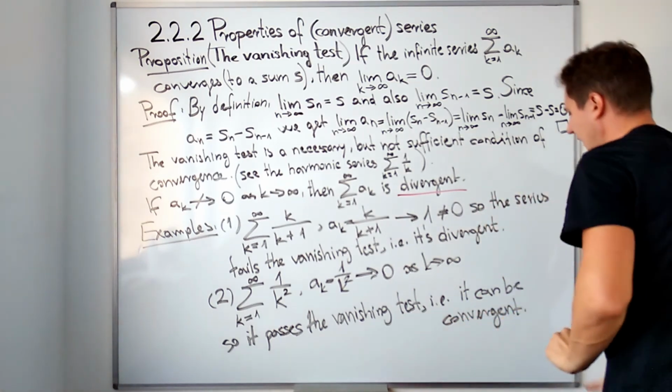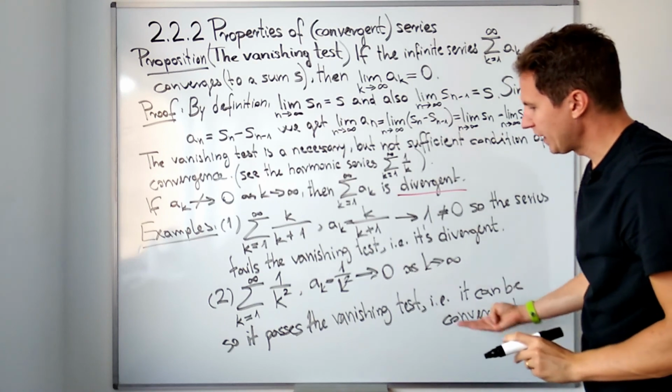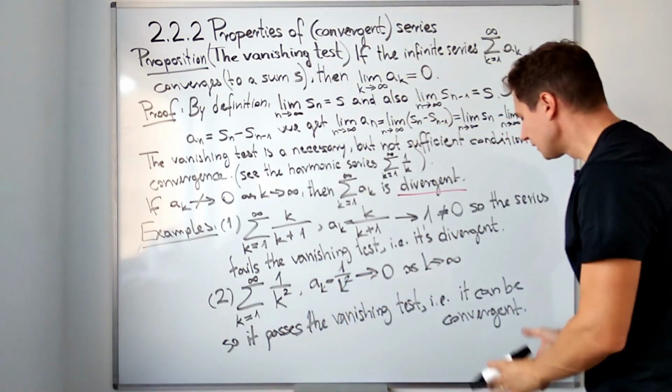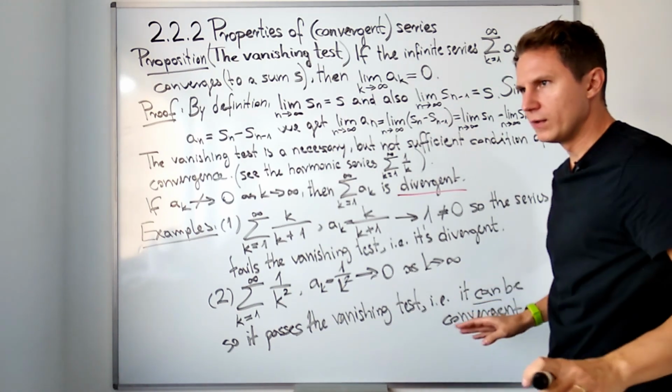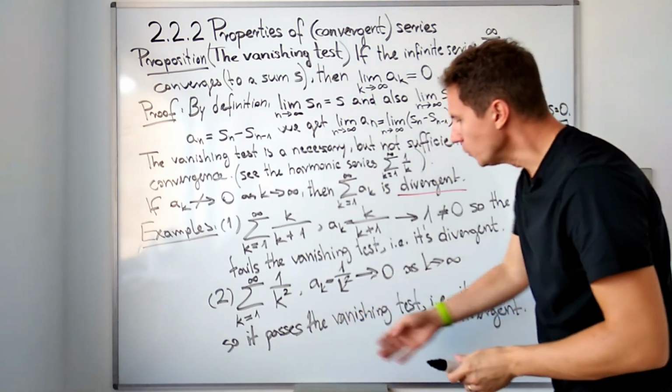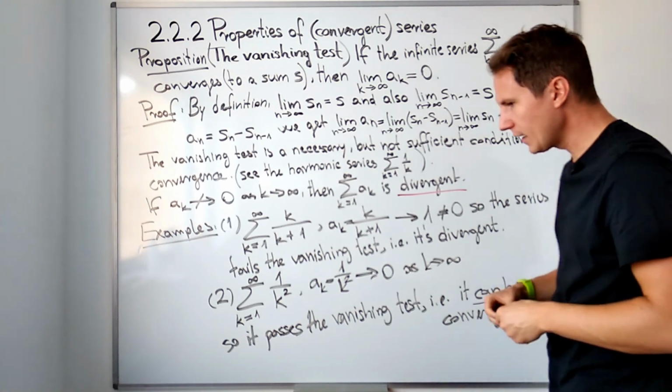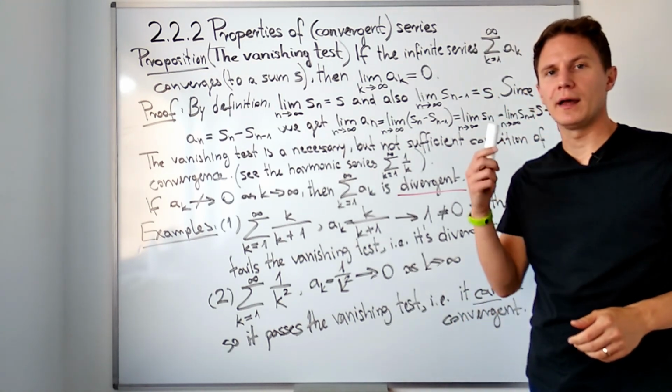That is all we can say when a series passes the vanishing test, that it can converge, but we are not sure. This is not conclusive evidence. Okay, I hope you enjoyed this video, and I'll see you in the next one.